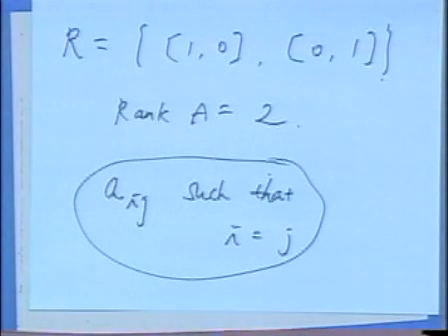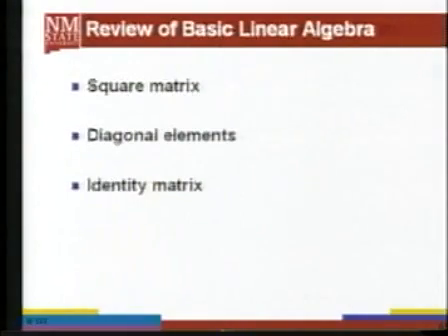Then what is the identity matrix? The identity matrix is always a square matrix in which all the diagonal elements are equal to 1, and all non-diagonal elements are equal to 0, right?